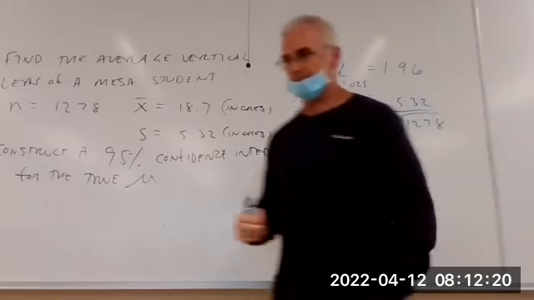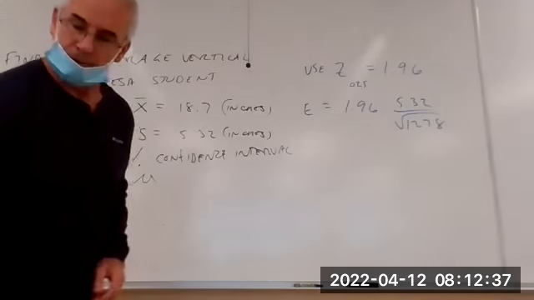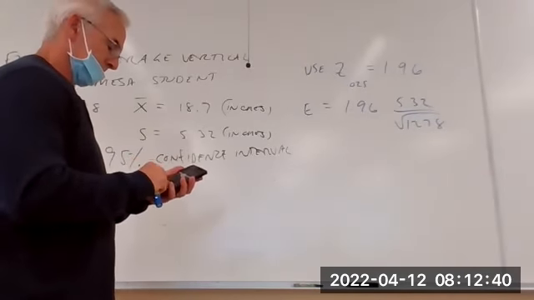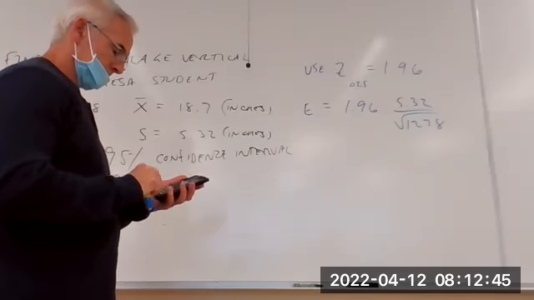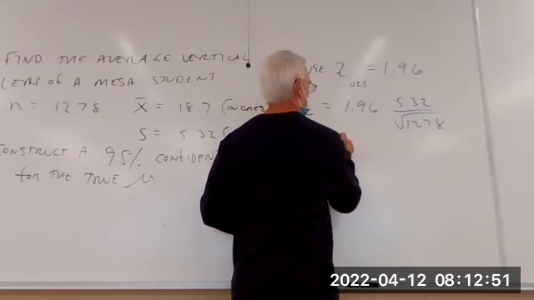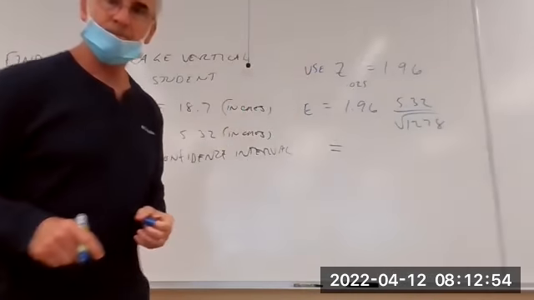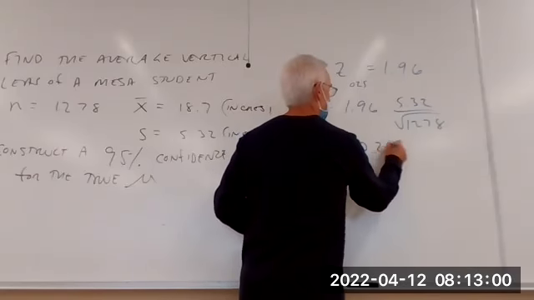So let's calculate that. And 2 decimal places will go. 0.29. Now, what does that mean?